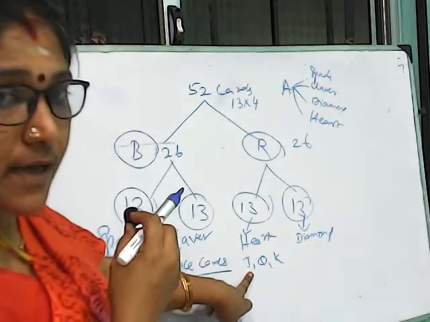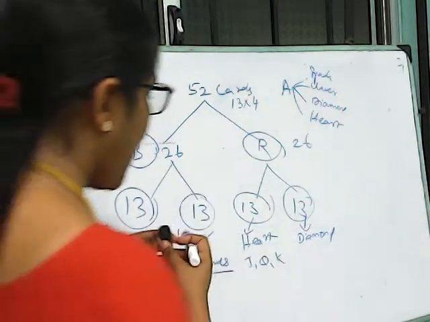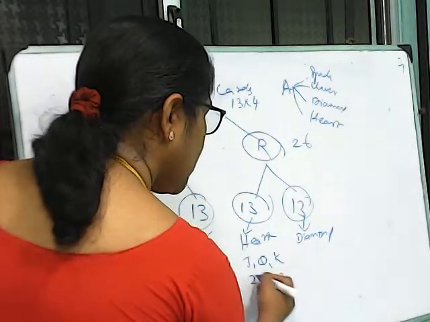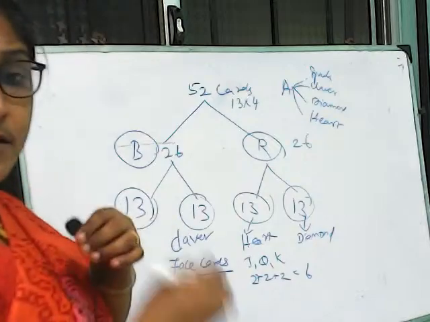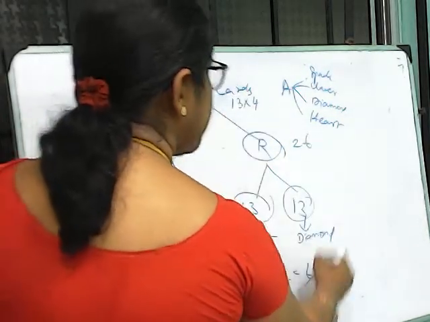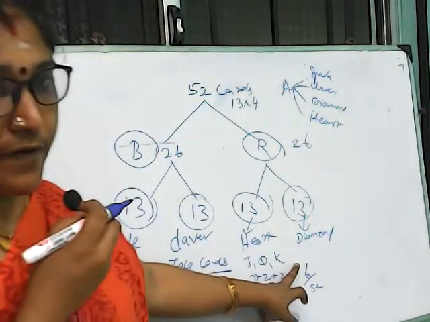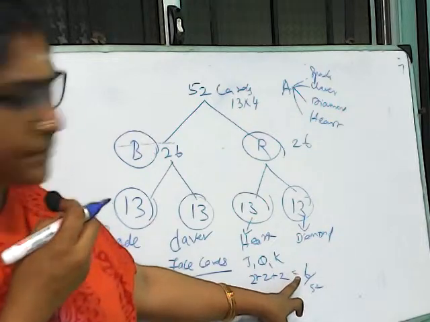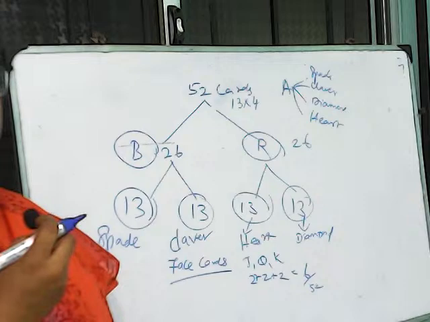In jack there will be 2 red cards, in queen there will be 2 red cards, in king there will be 2 red cards. So 2 plus 2 plus 2, that is 6 red color face cards. So what is the probability? 6 out of 52 cards. So it is 6 by 52. Okay, so this is how you should write the sample space.